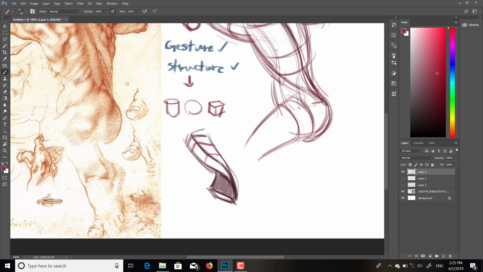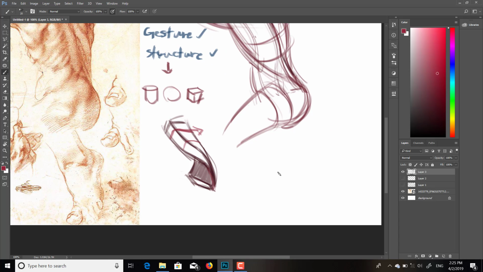Let's complete this one. Imagine that we have two cylinders. Cylinder A, cylinder B. You want to show that B is further and A is closer to you.